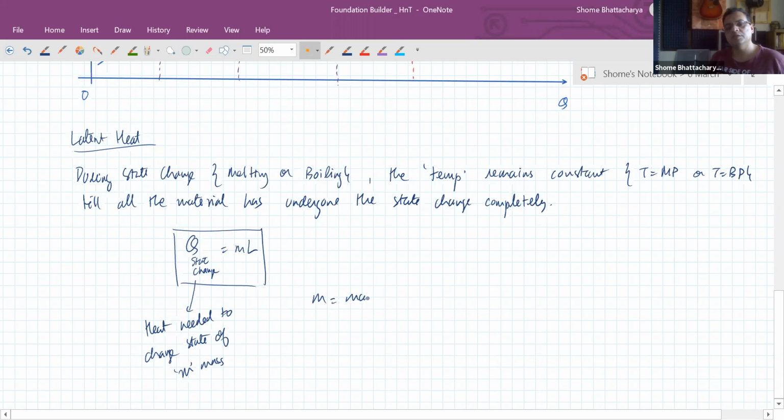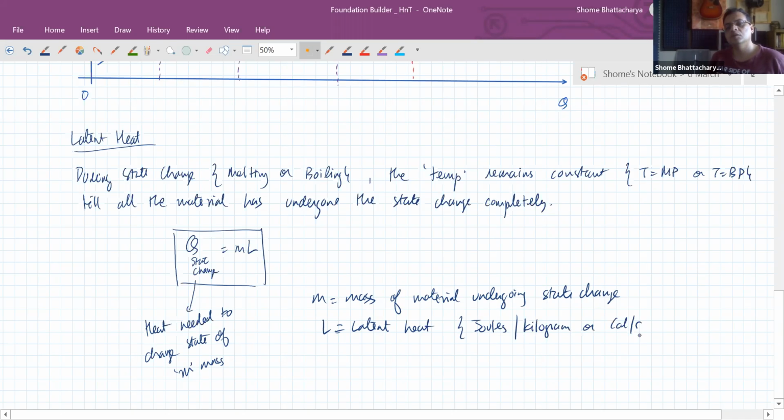M is the mass of material undergoing a state change, and L is latent heat. It is measured in joules per kilogram or calories per gram.